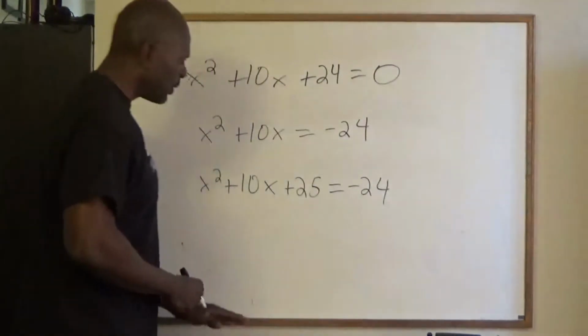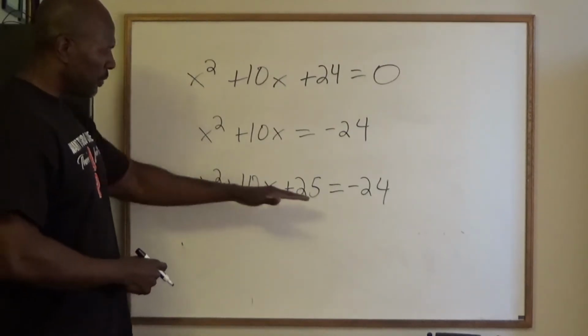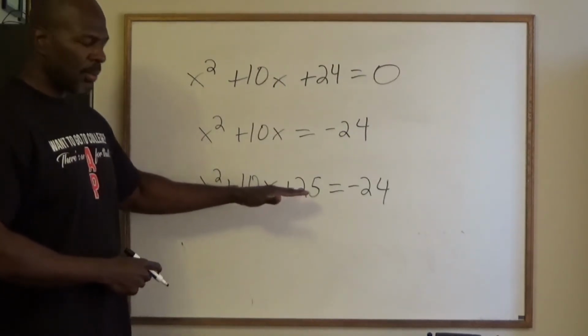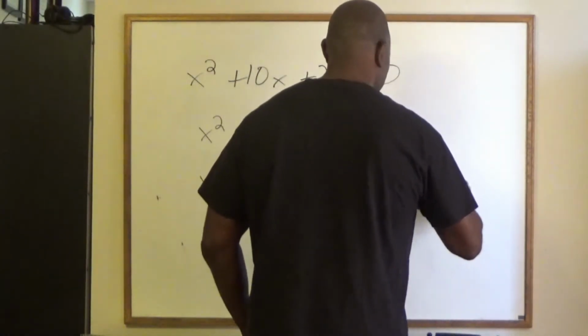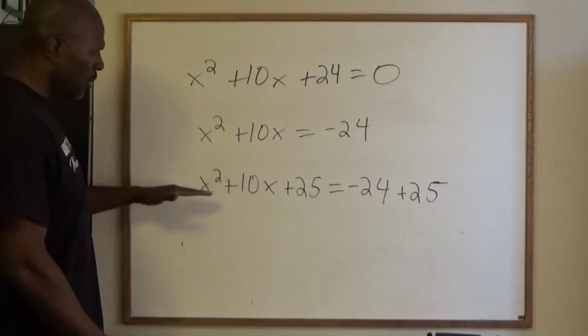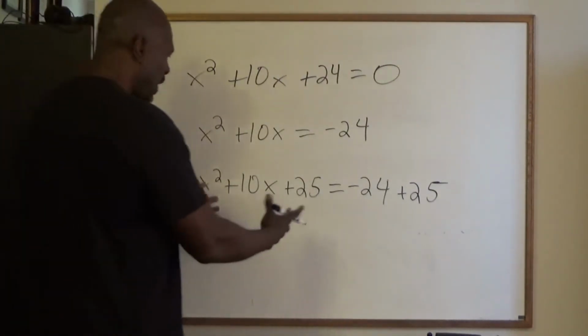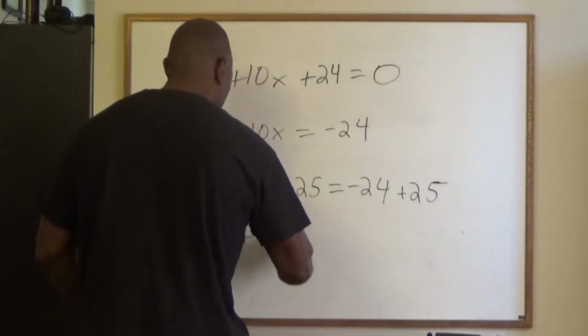Of course, once I added 25, I've changed the value of this side of the equation, so to make it equal, I'll also add 25 to this side as well. And what that allows me to do, once I've made this a quadratic trinomial perfect square, is factor it in a method we've talked about before. That's x plus 5 squared.